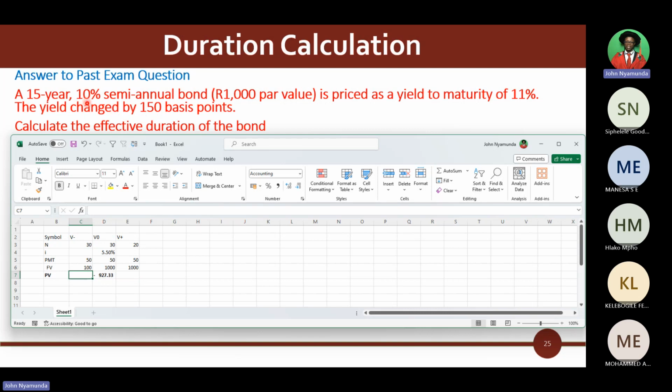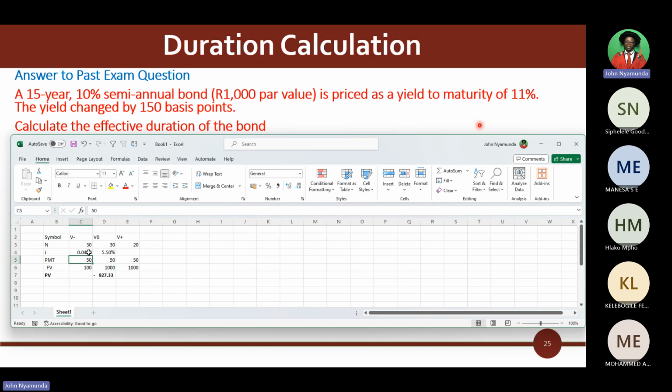Now we go to V minus. If yield to maturity reduces by 150 basis points, we get our V minus. So yield to maturity is 11% minus 1.5%, which is 9.5%, divided by 2.